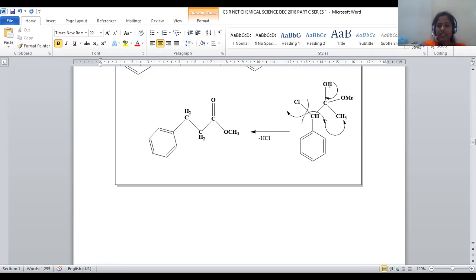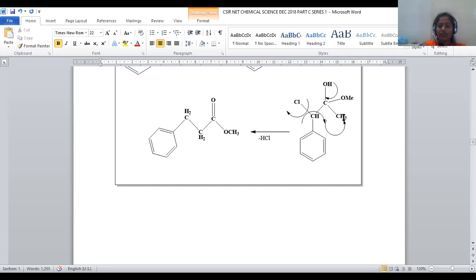How will it be? Let us see carefully. When the lone pair of electrons present on the oxygen is back polarized in order to form the carbon-carbon double bond, the chloro group, being a better leaving group, can be eliminated from the center. When chloro is eliminated, this entire benzyl group will be shifted towards this one. This is a kind of alkyl group migration, so this group is shifted towards this methyl, and it is converted into CH3O, C double bond O, CH2, CH2Ph.